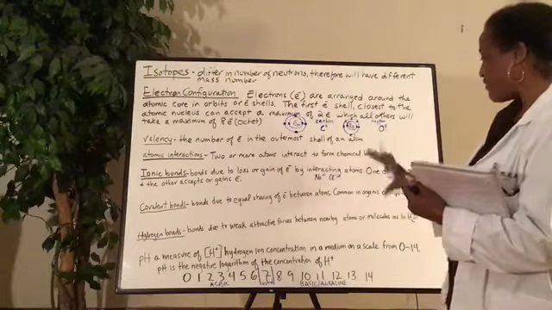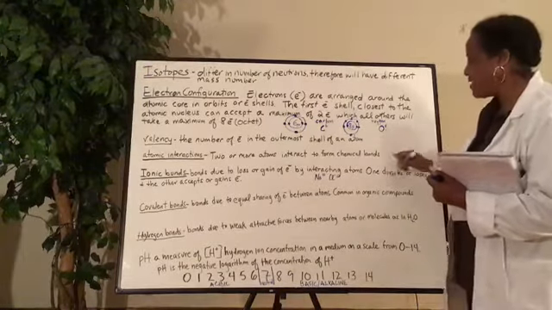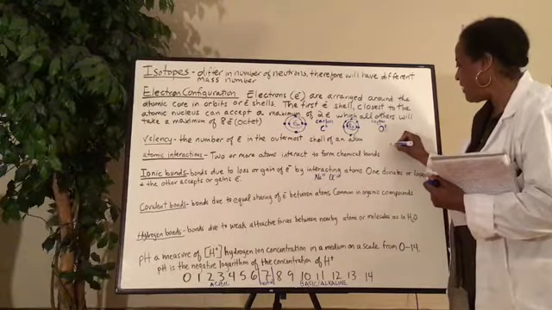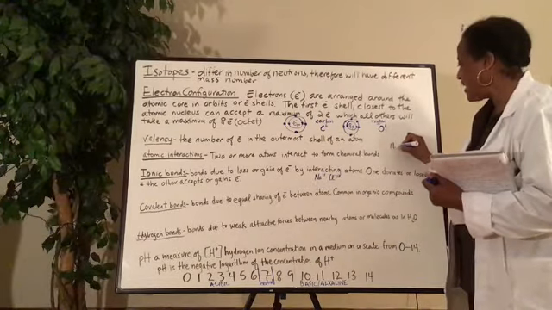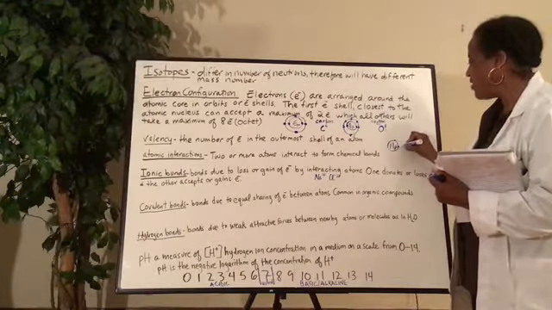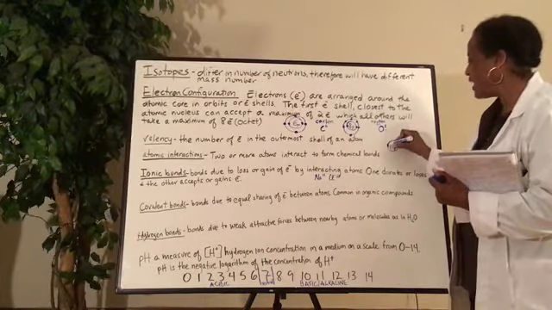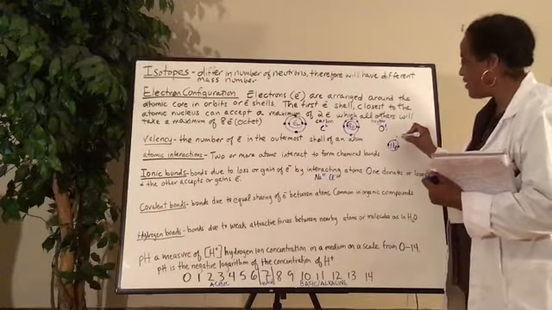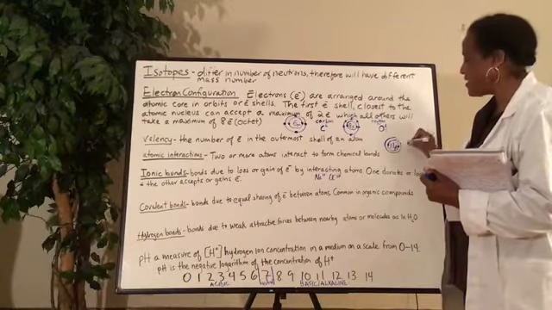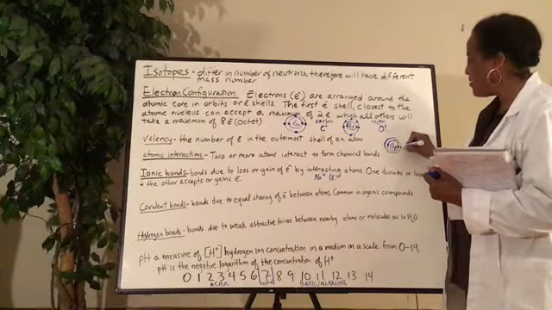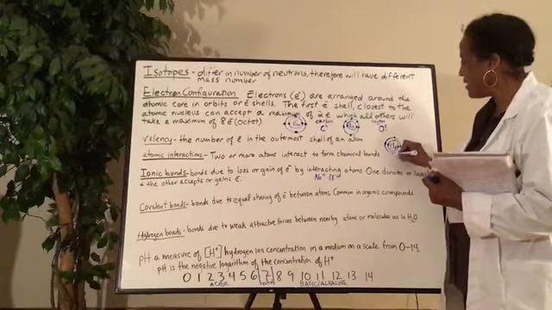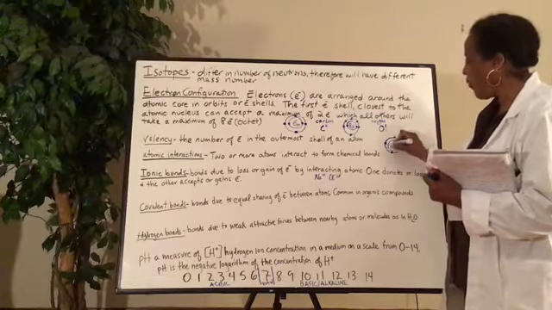I have to find enough space, so I'm going to go up here, and we're going to put 11 protons, so that we'll know that is the nucleus. Let's put 2 electrons around it, first shell, 2. We have to get up to 11.